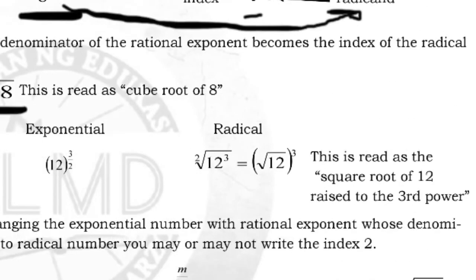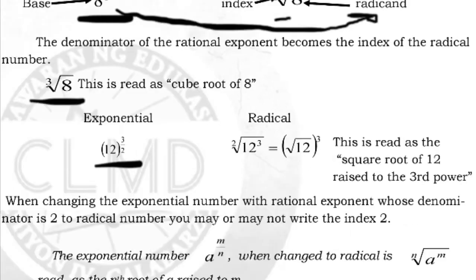So to make it clear, let's have another example. The exponential expression is 12 raised to the power of 3/2. So automatically the base 12 will be the radicand in here.